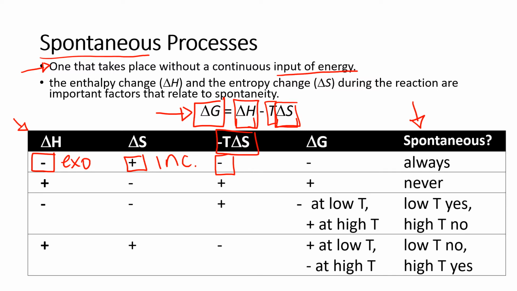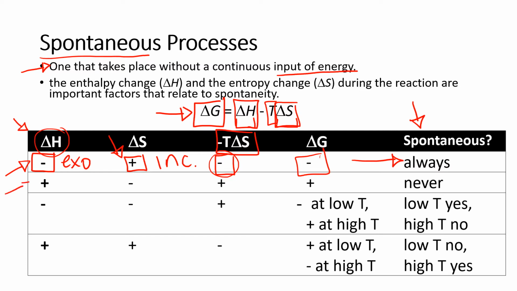And because of this, when you subtract this term away from your delta H, you end up getting a very negative delta G. Negative delta G means spontaneous. And for this particular scenario, you will always have a spontaneous process because of that exothermic reaction and increase in entropy. Basically, the universe is like, yes, I like both of these, so whatever temperature it is, it doesn't matter. You'll always have a spontaneous process.